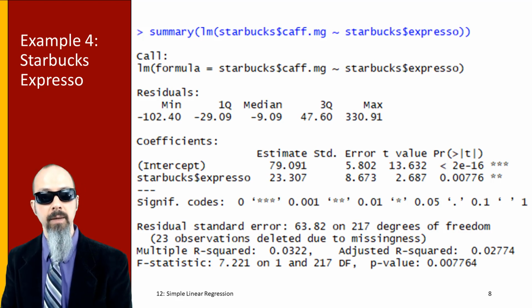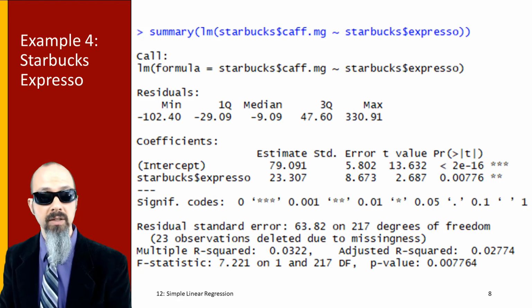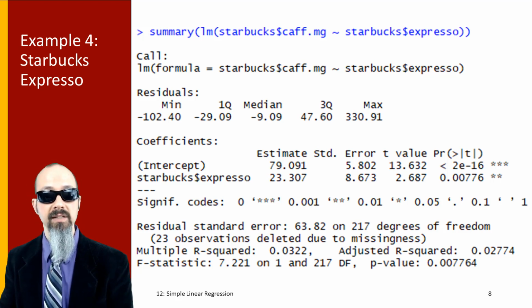Let me put that differently. An espresso drink corresponds with an increase of 23.3 milligrams of caffeine compared to non-espresso Starbucks drinks. Remember, these are Starbucks drinks. All right, and if we were saying that zero value, because zero values are non-espressos, non-espresso drinks would fit with our intercept, which happens to be about 79 rounded.